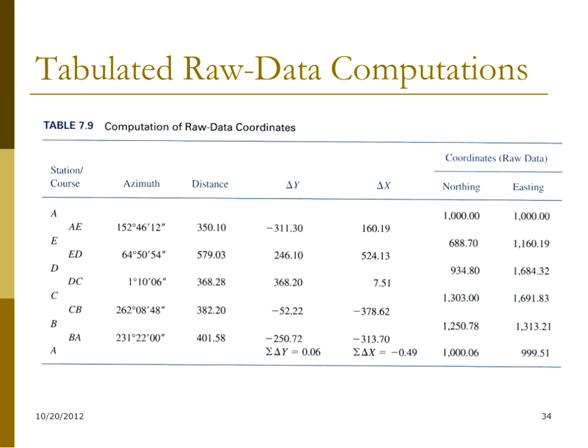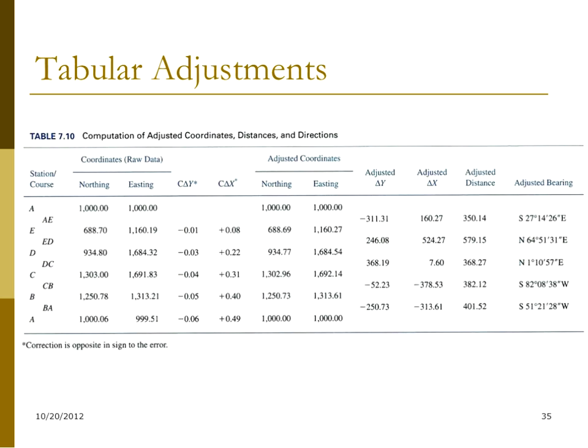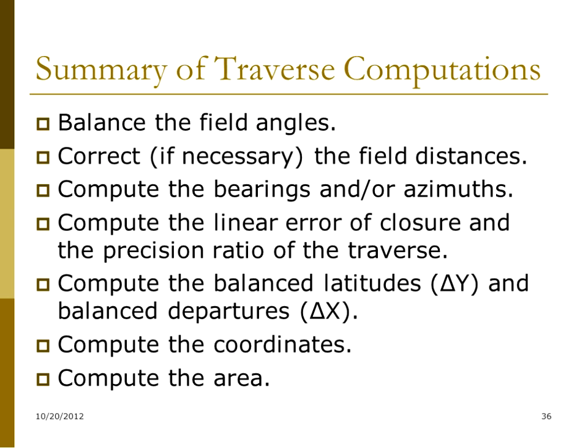We're going to skip this for now. Okay. So going back to that slide from the beginning, we balance the field angles. If necessary, you correct the field difference, the distances. Then you compute the bearing or azimuth.